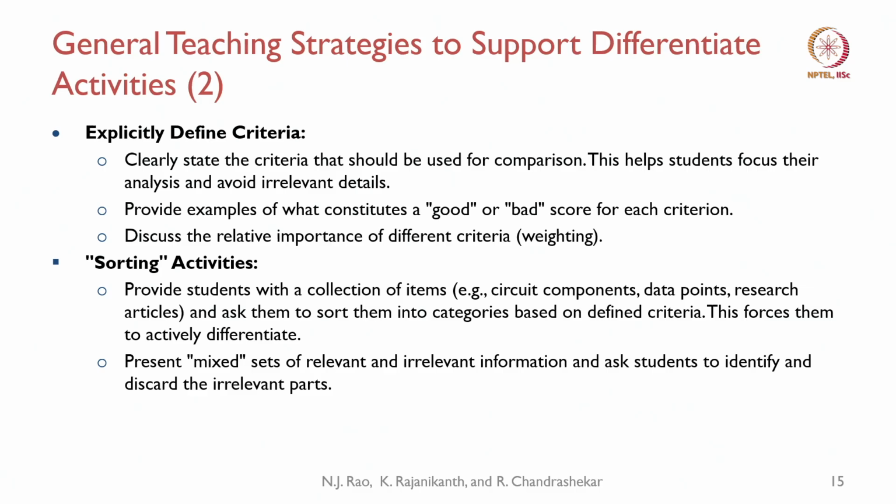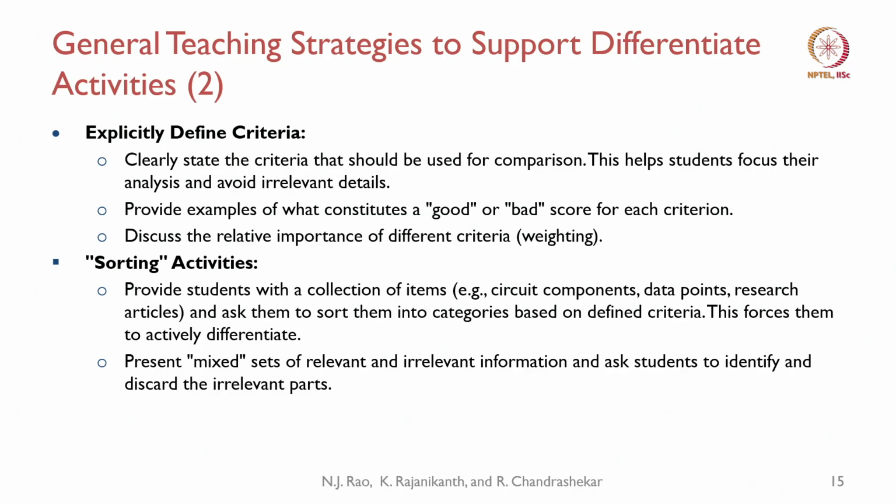Now, further general teaching strategies to support the differentiate activity: explicitly define criteria, because you are now differentiating elements. You need to have criteria to differentiate them. Clearly state the criteria that should be used for comparison. This helps students focus their analysis and avoid irrelevant details.